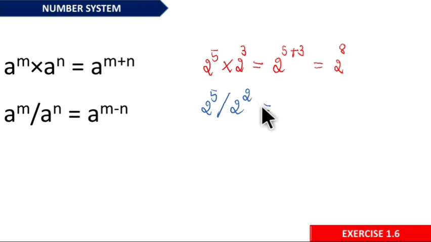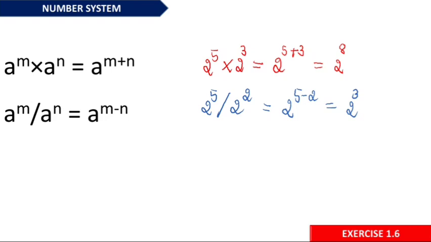So what do we have in the place of a? In the place of a we have 2, in the place of m we have 5, in the place of n we have 2. Then we can write that as a to the power m minus n. 2 to the power m is 5, n is 2. We can write it as 2 to the power 5 minus 2, which is 3.